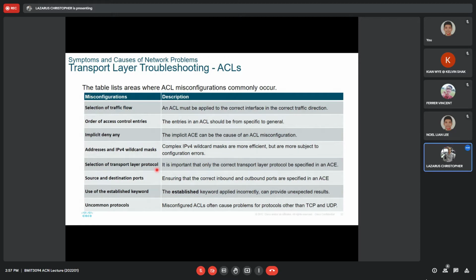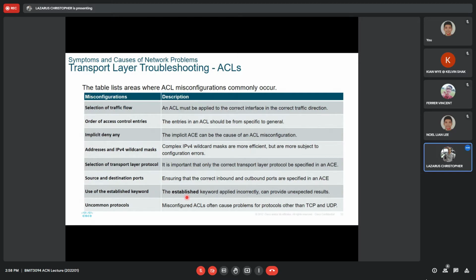Maybe a mistake on the port number. Sometimes we mistype, especially if we don't memorize the port numbers, so we have to be very careful, because you intend to block a certain port and suddenly it's a different port. So you mistype or misunderstood which port. And then maybe you wrongly use the established keyword, which gives an unexpected result.